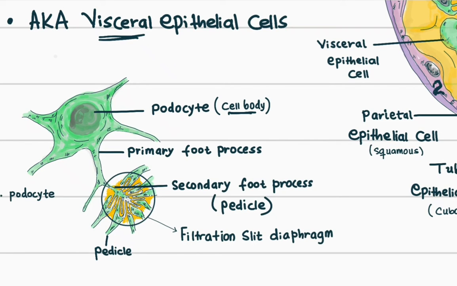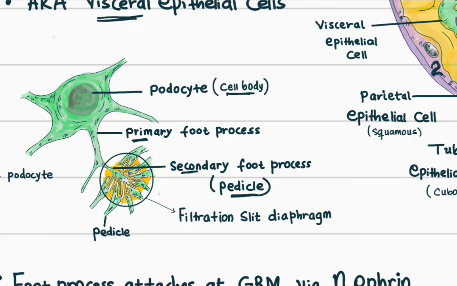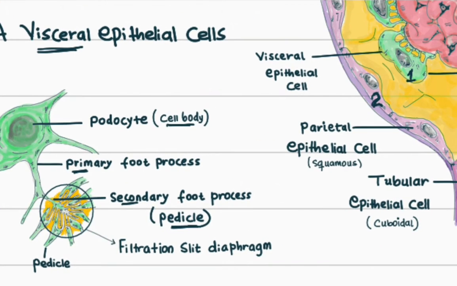The first foot process that arises from the cytoplasm is called the primary, whereas a secondary branch arising from the primary foot process is called the secondary foot process, termed the pedicel. The pedicels interdigitate and intertwine with the foot processes of adjacent podocytes, forming a filtration slit diaphragm.